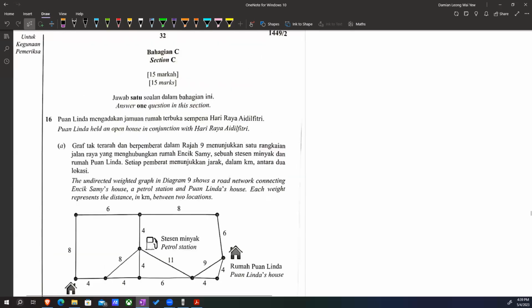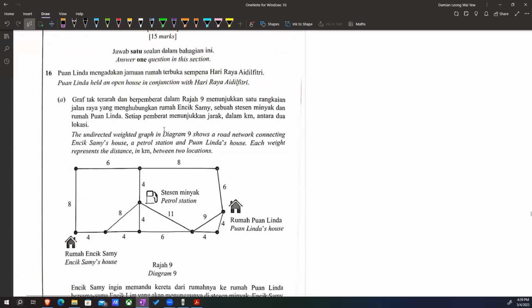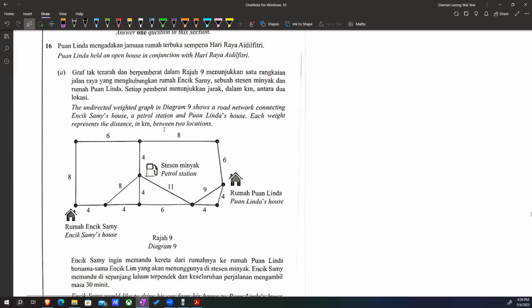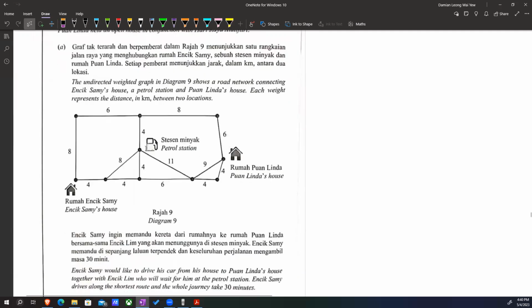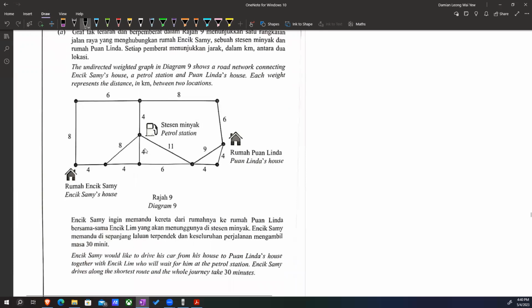Okay, then question 16. Section C question. 16, we have an open house in conjunction with Hari Raya Aidilfitri. Part A, there is an undirected weighted graph showing a road network connecting Encik Sami's house, petrol station, and Puan Linda's house. Each weight represents the distance in km between two locations.